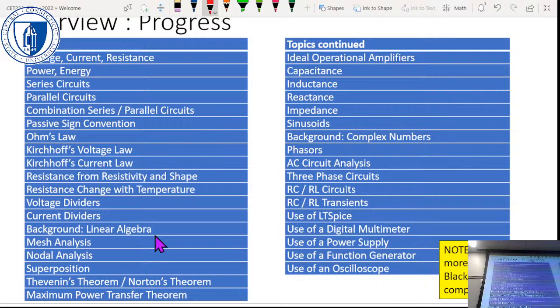Anybody got any idea what that is? Okay. That is a capacitor. Okay. How about that one? Well, if you can read it, it says digital multimeter.